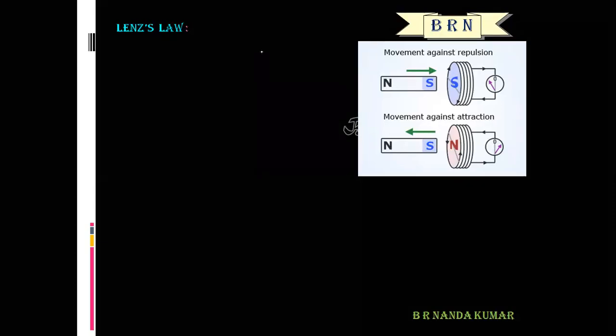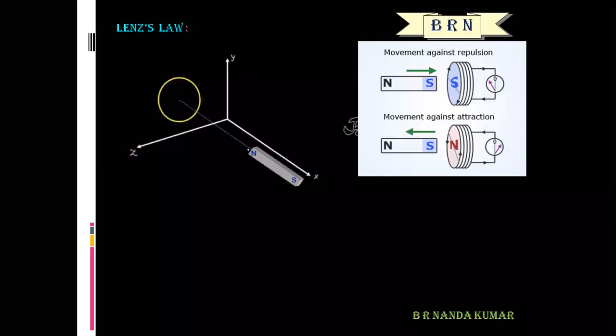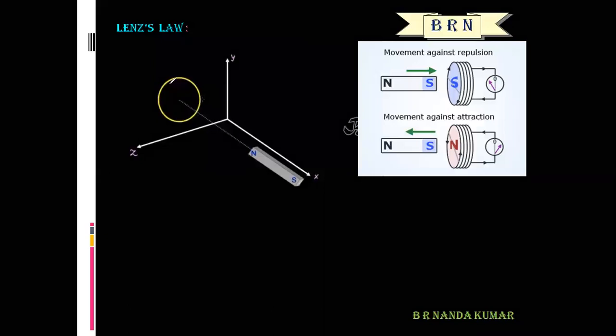Suppose the north pole of a bar magnet is moving towards the face of the loop. What happens? The number of magnetic field lines passing through the loop changes. EMF is induced in the loop, so it produces an induced current.